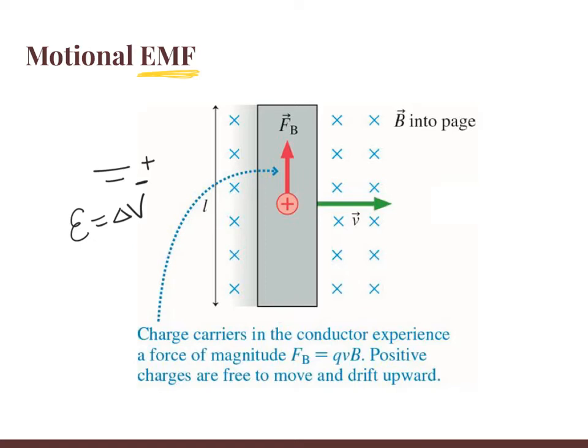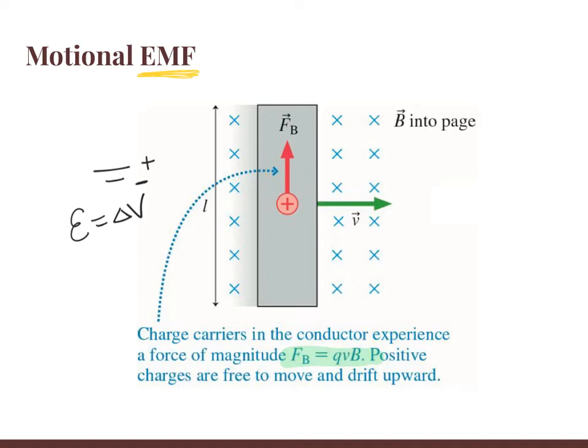And we can use our previous knowledge to figure out how exactly this works, starting with the equation for one charge in a field, which is written down here. Force equals QvB.